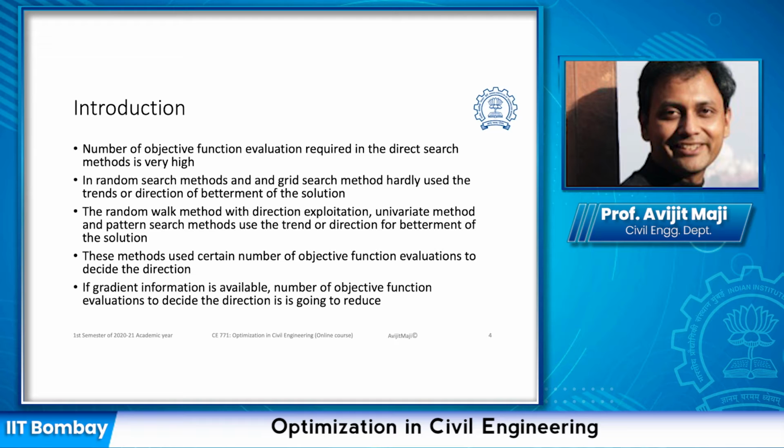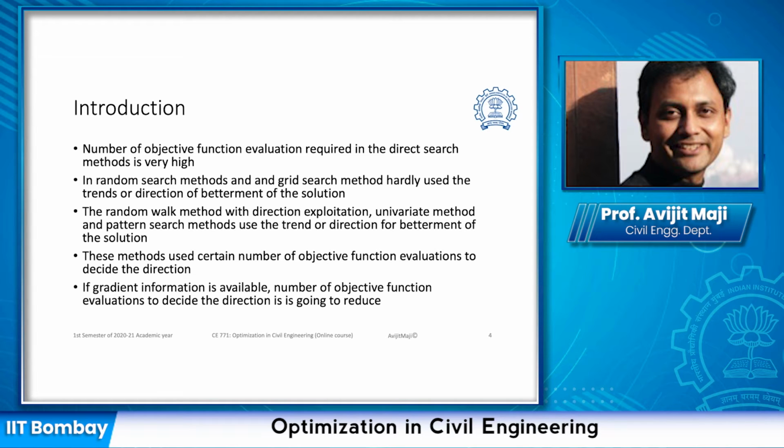In random search and grid search methods, we hardly use the trend or direction towards which the objective function was getting better. In random walk method with direct exploitation, univariate method and pattern search methods, we tried to use the trend or direction that helps to improve the objective function value.